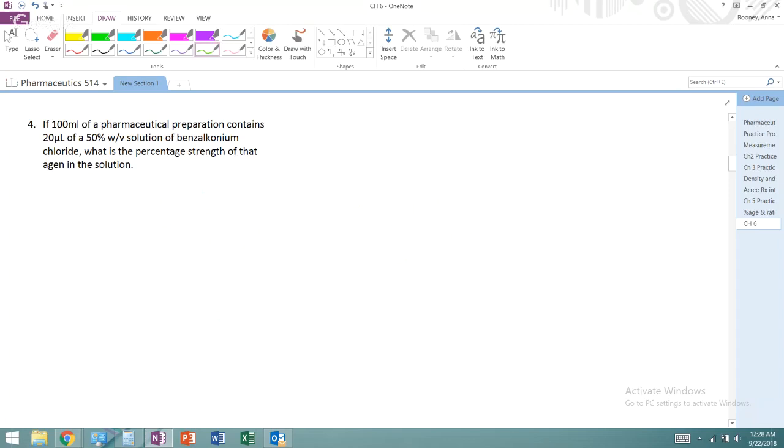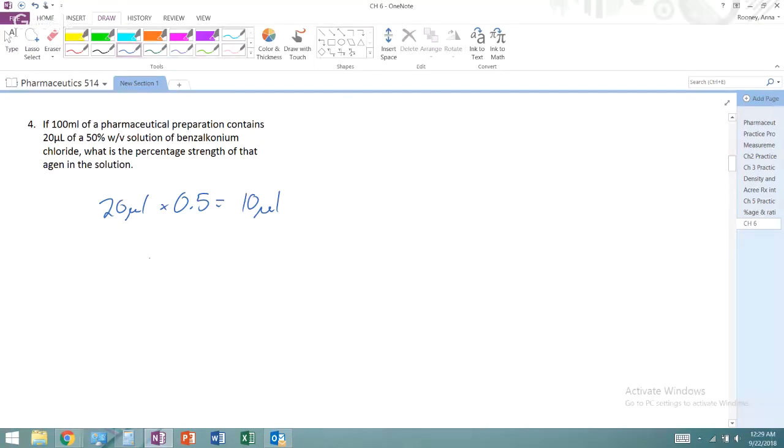If 100 milliliters of a pharmaceutical preparation contains 20 microliters of a 50% weight per volume solution of benzalkonium chloride, I probably mispronounced that, what is the percentage strength of that in the solution? So first off, you have to take the 20 microliters and find out how much there actually is, which is 10 microliters because it's half of it. So that's your first step.